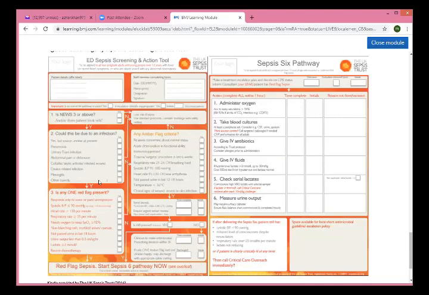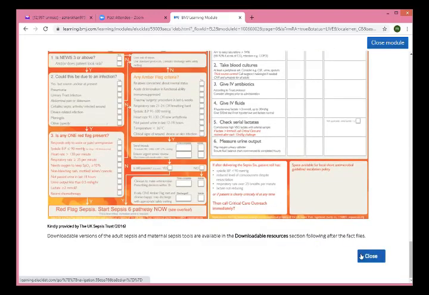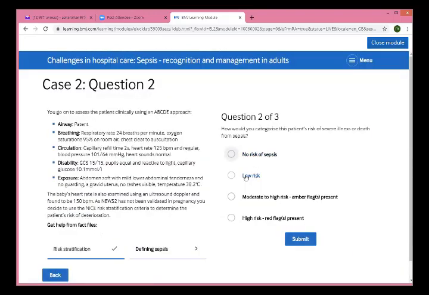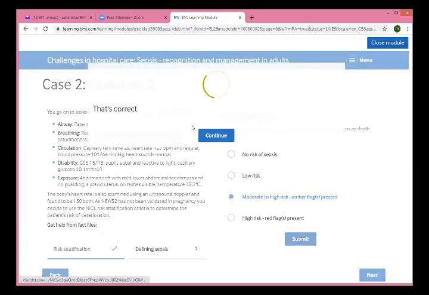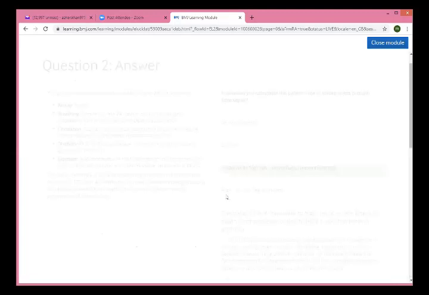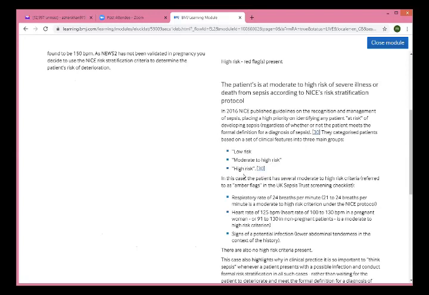I don't know whether you can see it or not. So you just have to risk stratify these patients. How would you categorize the patient? This patient probably has a moderate to high risk. They categorize the patient as low, moderate, or high risk. Several moderate to high risk criteria, referred to as amber flag criteria.